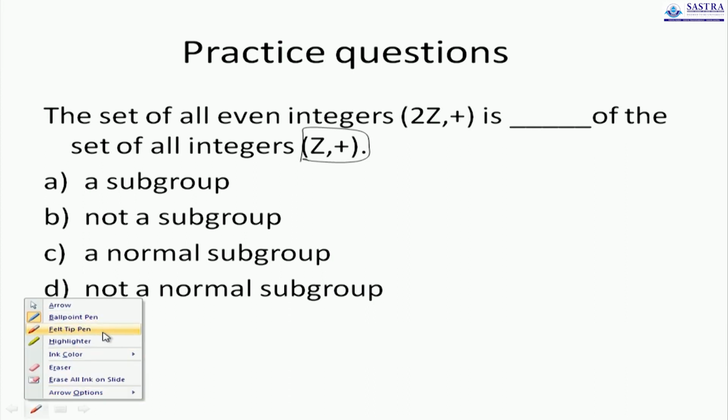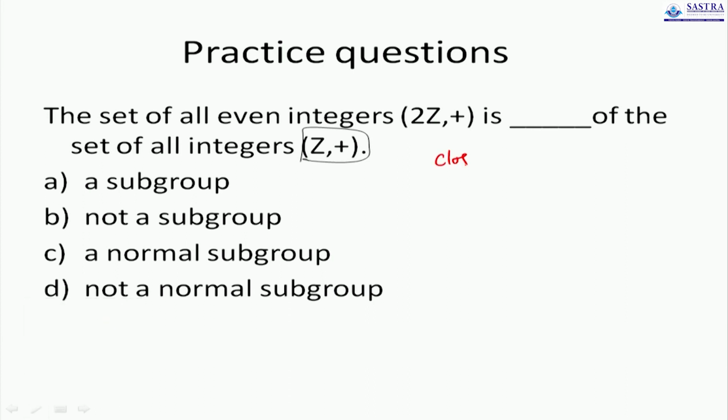So this is in fact closed. Even numbers also contain the additive identity which is 0, and for any number of the form 2a you will also have minus 2a which is an even number again. So it is in fact a subgroup, so option A is right, which means option B is wrong. We have seen that it is a subgroup.